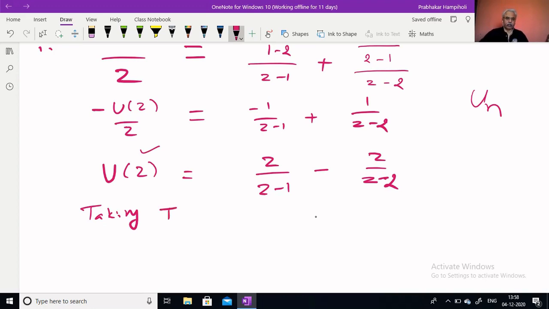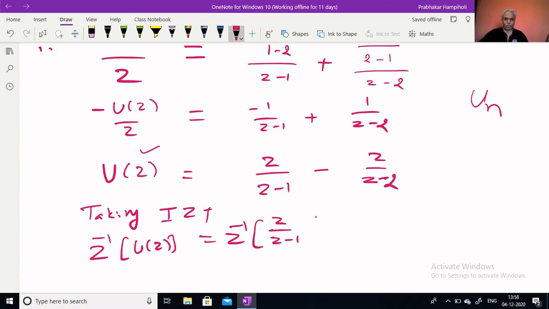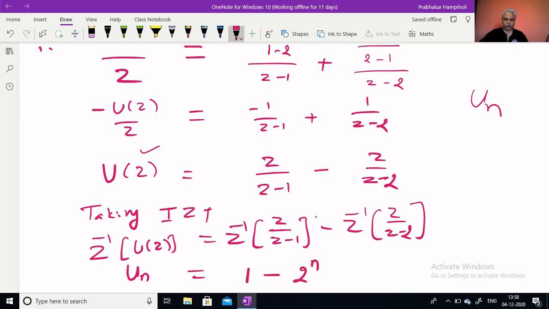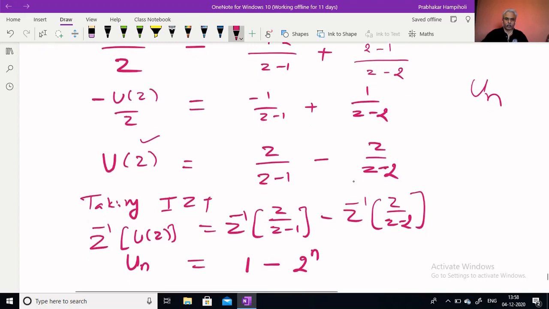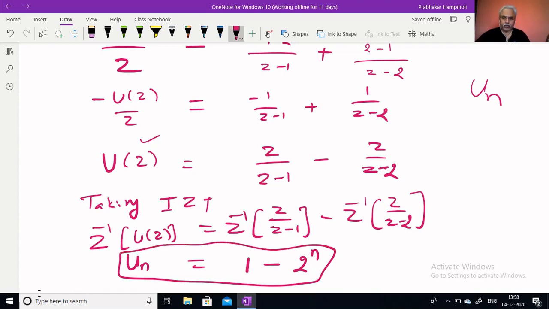So taking inverse z transform, z inverse of u of z equals z inverse of the first term minus z inverse of the second term. So get familiar with all this. This z becomes the n term, this becomes 1 raised to n, which means 1, and this becomes 2 raised to n. So the corresponding solution of the difference equation is un equal to 1 minus 2 raised to n.